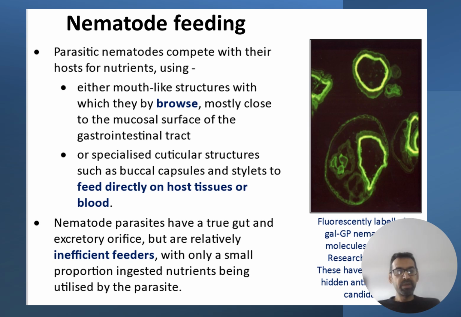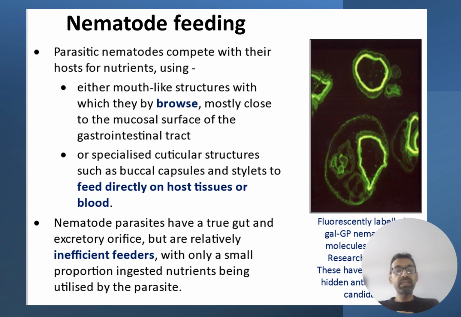As far as feeding behavior, parasitic nematodes compete with their host for nutrients. Usually they have mouth parts that help them browse on the mucosal surface of the gastrointestinal tract, or sometimes they have a cuticular structure like a buccal capsule in their mouth, or a pricking type of mouth to feed directly from the host tissue or blood.